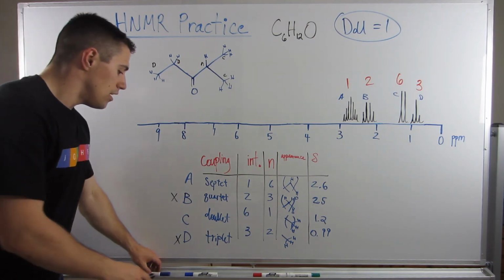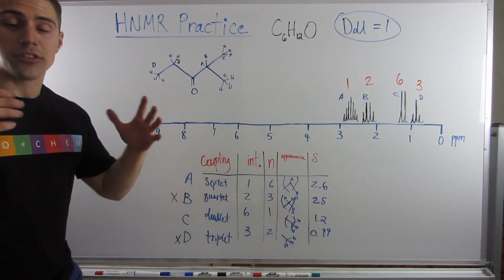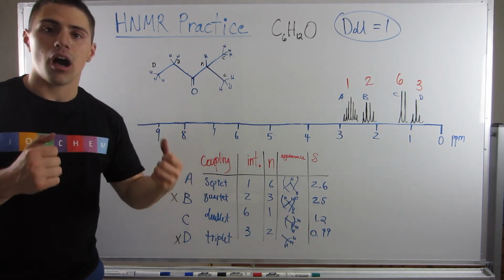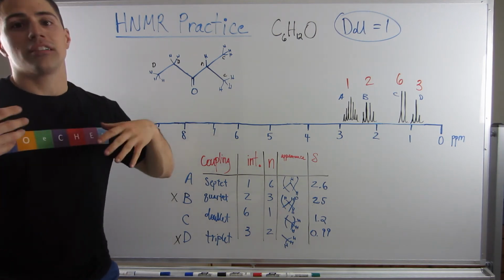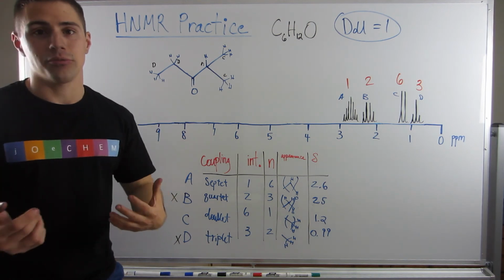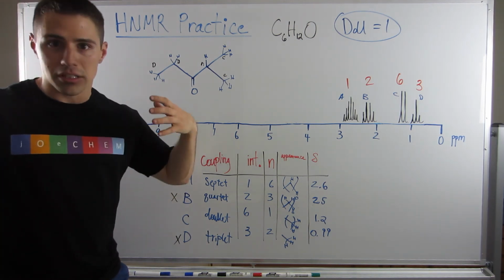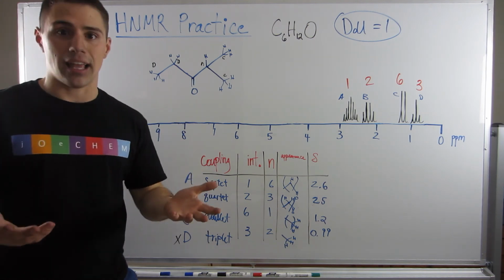So gang, I hope you see that once you have everything laid out in a chart, it's really just a guess and check and logically puzzle piece everything together. Like I said before, sometimes this can be frustrating. Sometimes you just do not want to look at another spectrum because you guess and guess and guess, bang your head against the wall, then look at the answer and realize, why didn't I get that right?